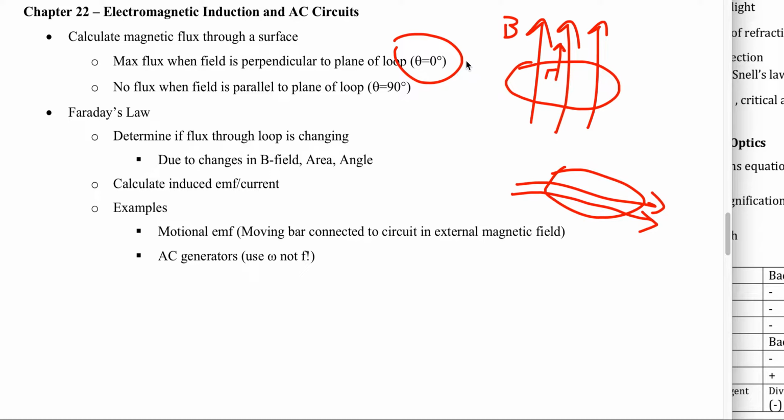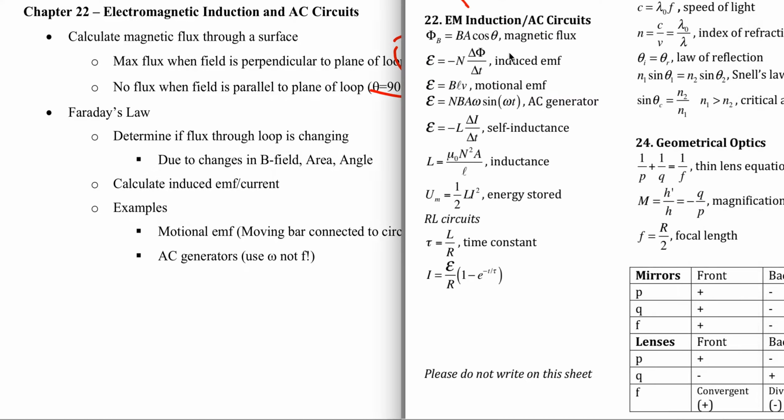That's what you want to visualize for this first bullet, and this is what you want to visualize with the second bullet. The normal is going this way, it's perpendicular to the field, so the angle is 90. When you plug in 90, cosine of 90 is 0, you get no flux.